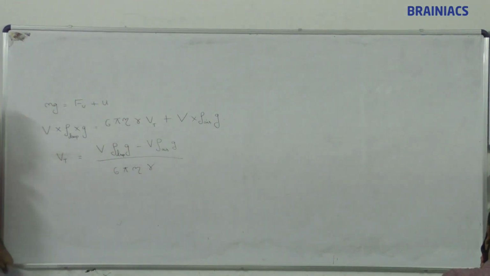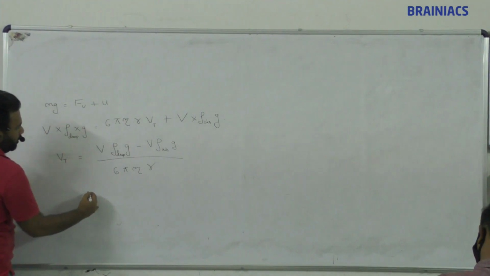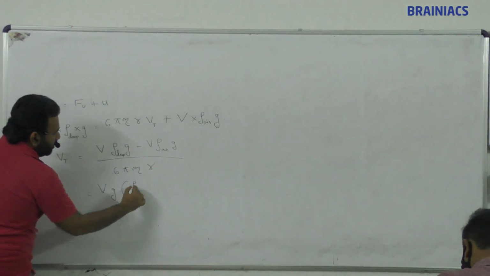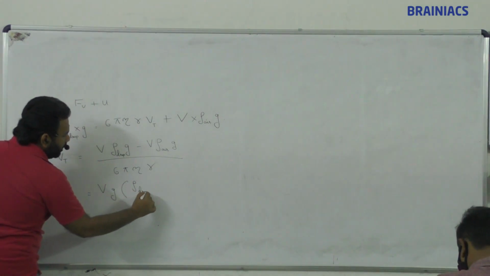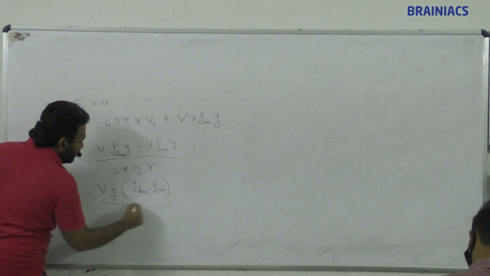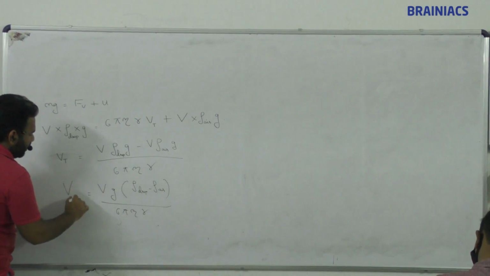Is it correct? I can take Vg out. This becomes density of drop minus density of air, divided by 6 pi eta r. Terminal velocity is equal to this.